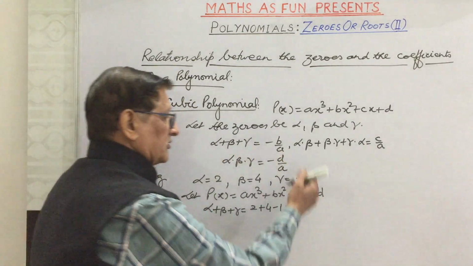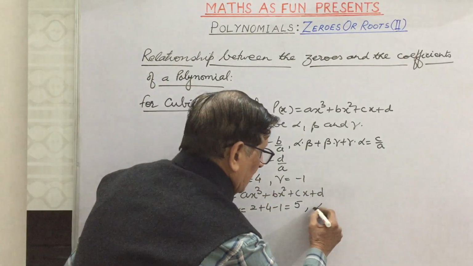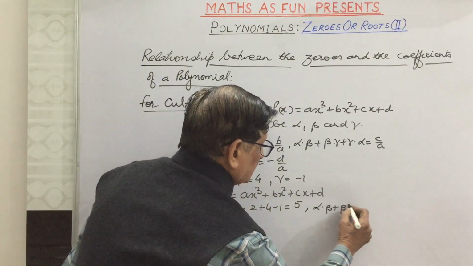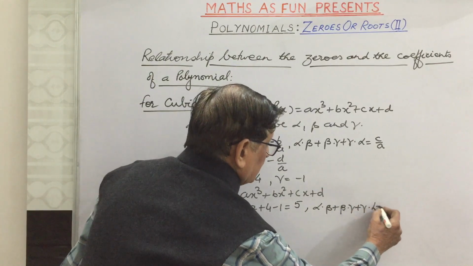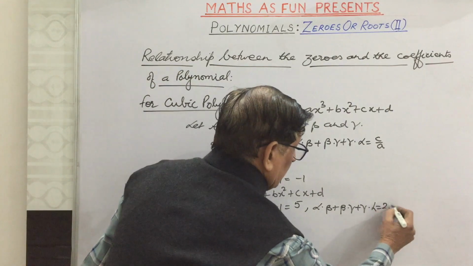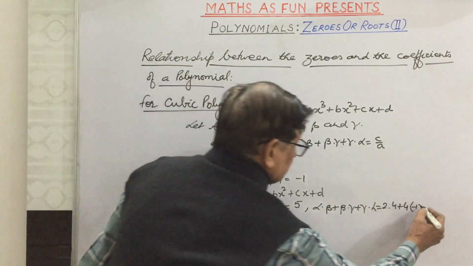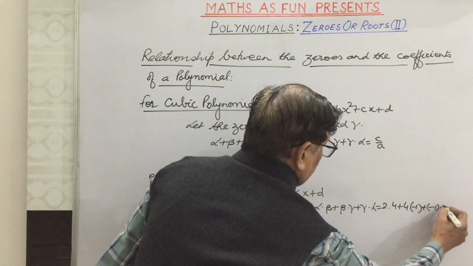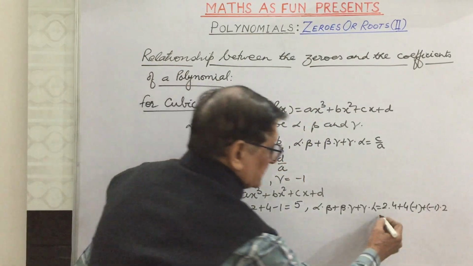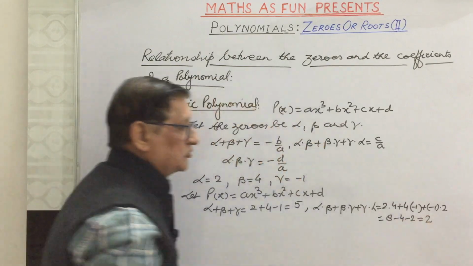We find the product of the pairs and the sum of them, that is alpha into beta plus beta into gamma plus gamma into alpha, which is 2 into 4 plus 4 into minus 1 plus minus 1 into 2, and that is equal to 8 minus 4 minus 2, that is 2.